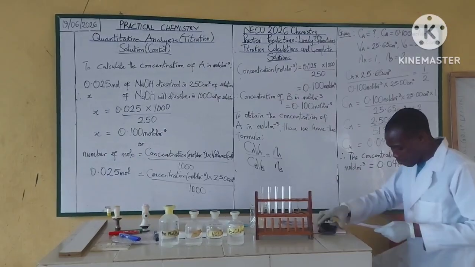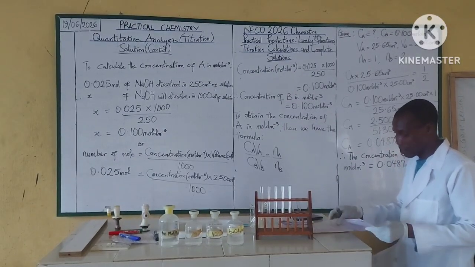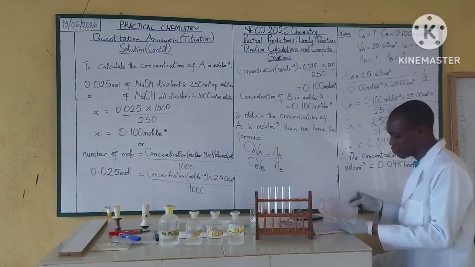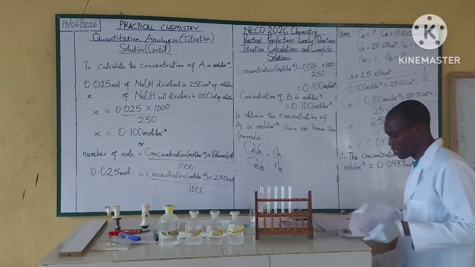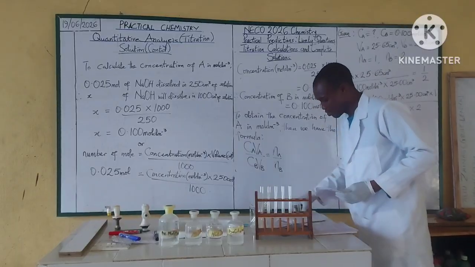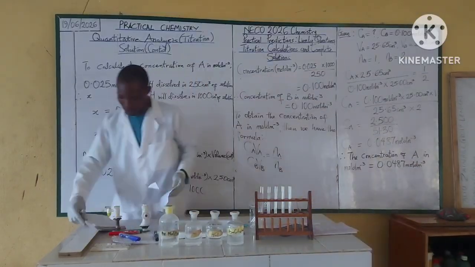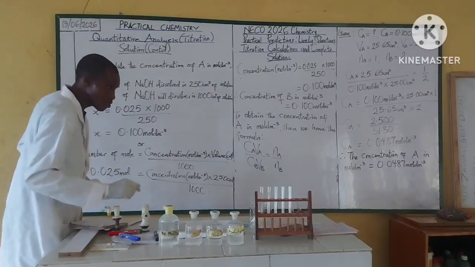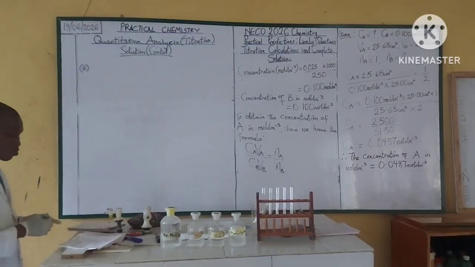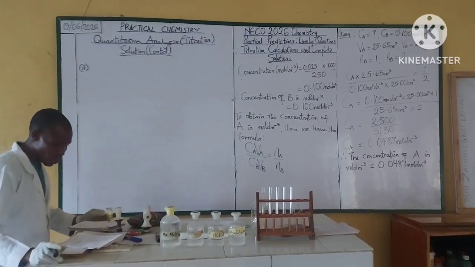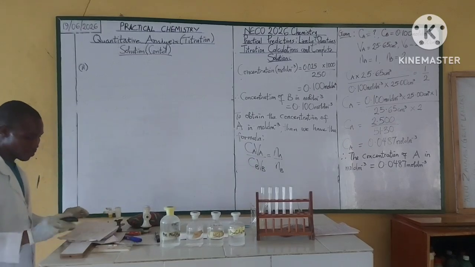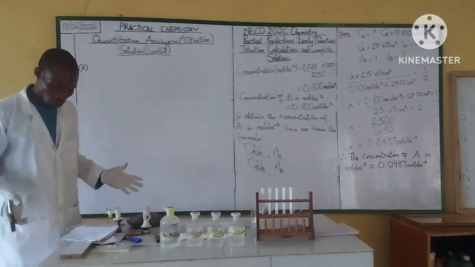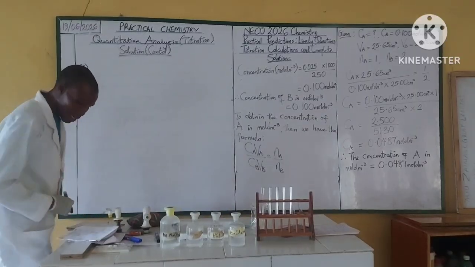The number of hydrogen ion. You have to determine the number of hydrogen ion in 1 dm cube of solution A. For us to obtain that, the second question is that we have to calculate the number of hydrogen ion in 1 dm cube of solution A. And that can be done.